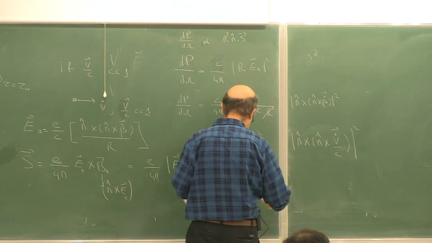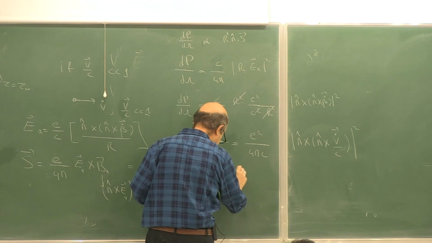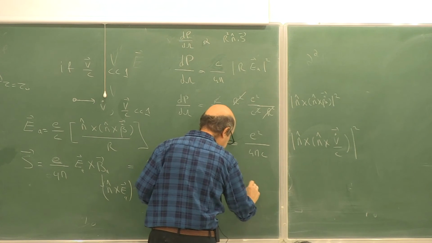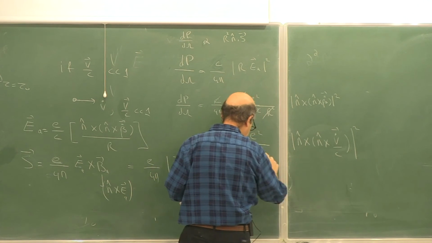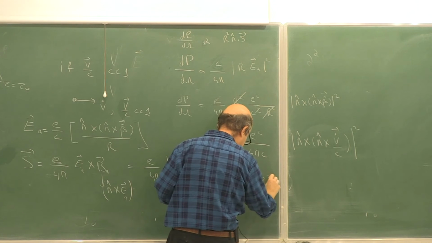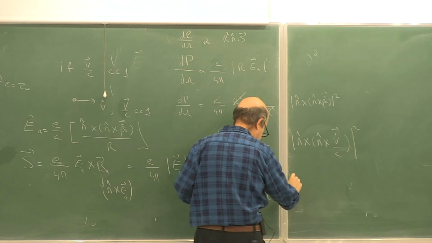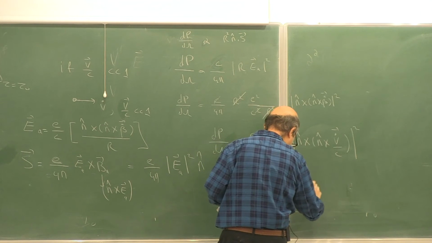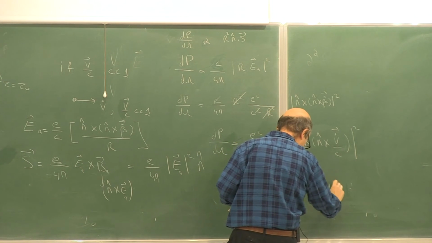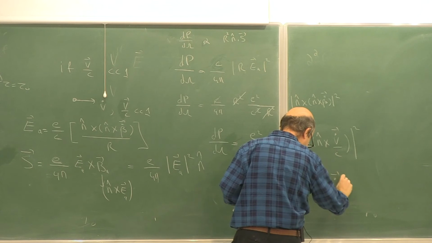So take the c squared there. The power emitted per solid angle will be e squared over 4 pi c cubed, n cross acceleration, squared.